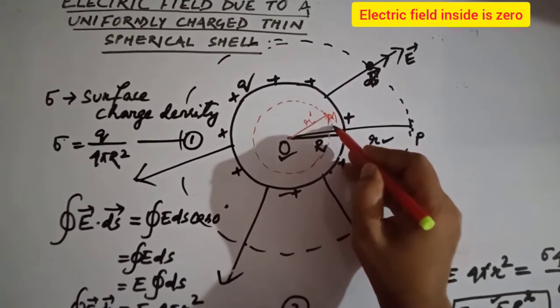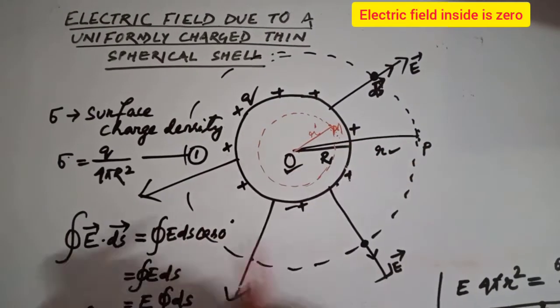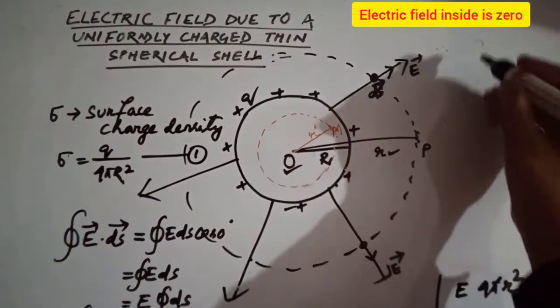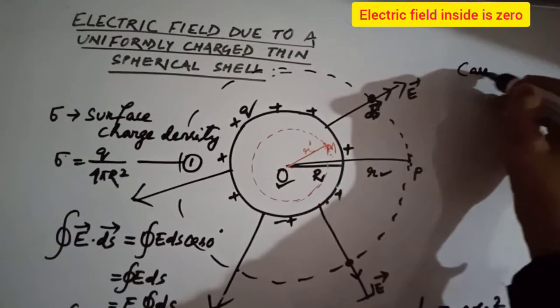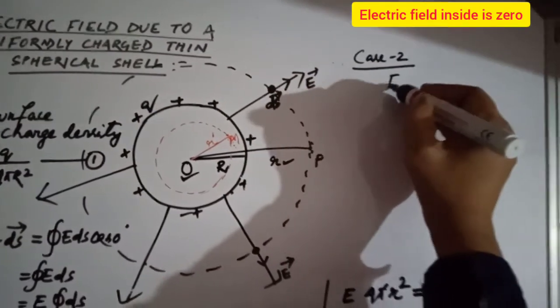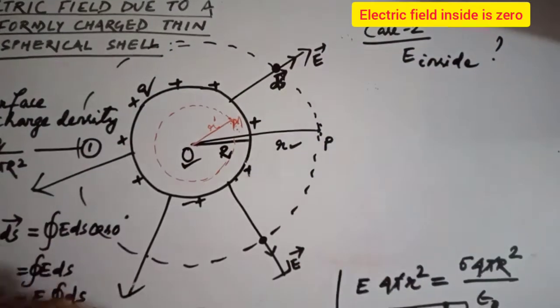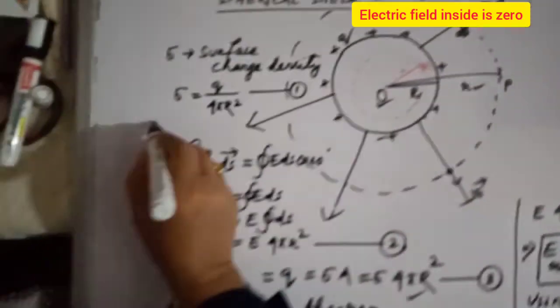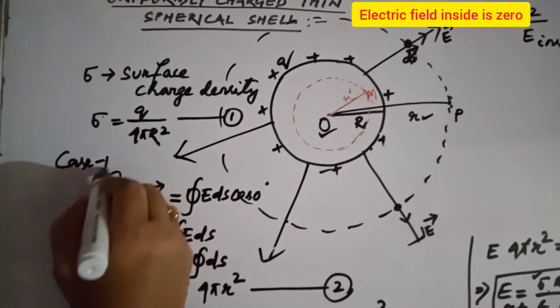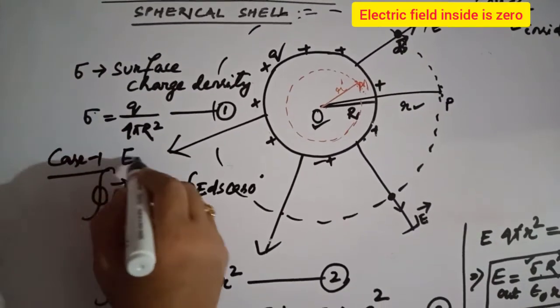It is a spherical Gaussian surface. So let's find E inside. It is case 2, E inside. And the first one was case 1, E outside.